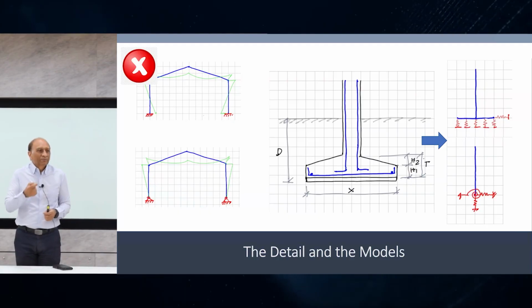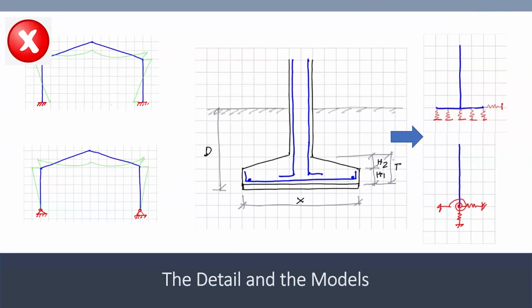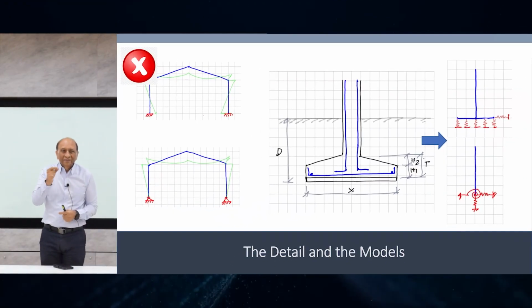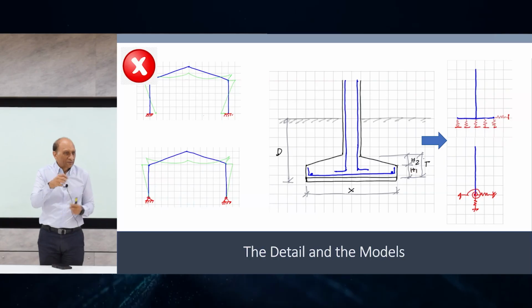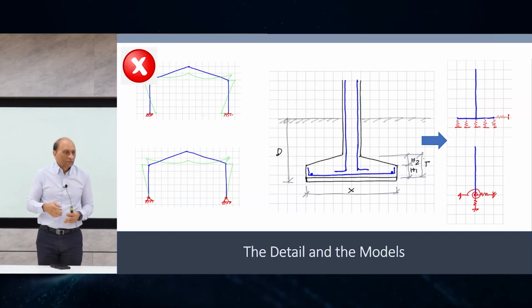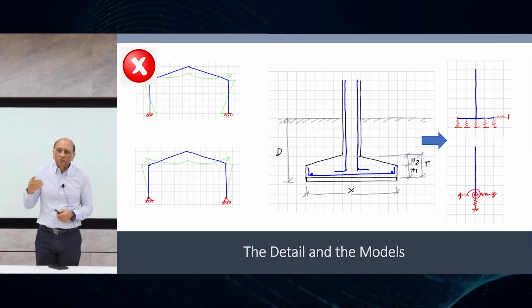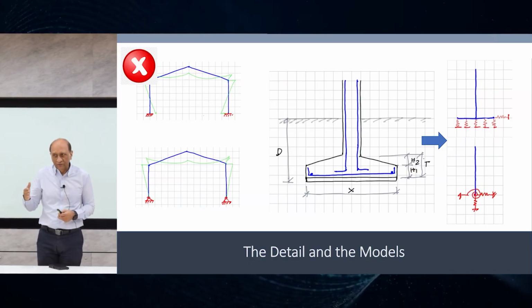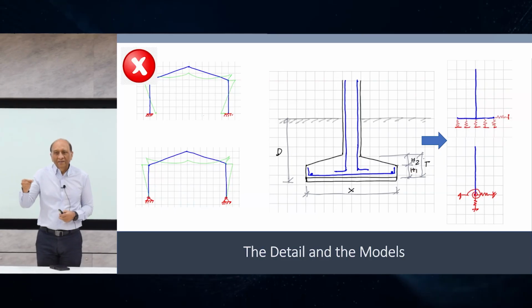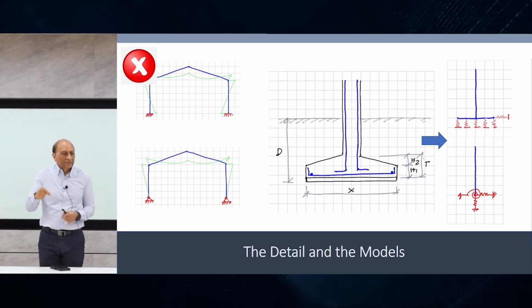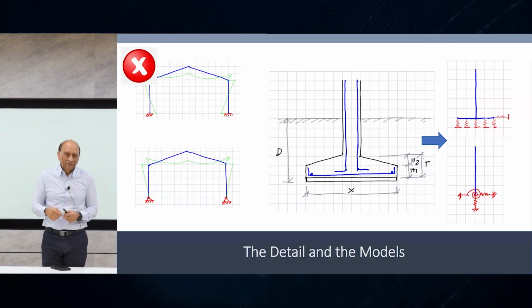So I put a frame element at the bottom, and I put several columns below that, and a horizontal column on this side, and I made their size so small that they start to act like soft springs, because you can vary the axial stiffness of the column to make an equivalent spring. So I used multiple columns under the footing, and set their EA over L in such a way that it starts to represent the soft soil.